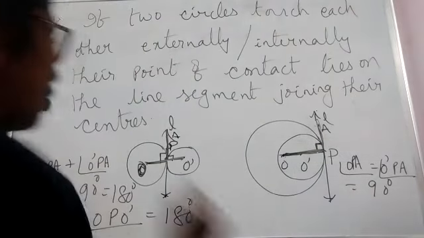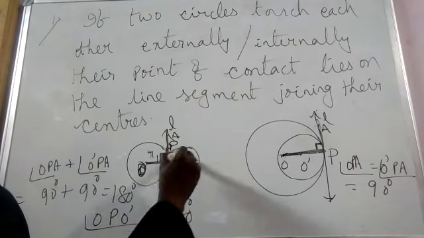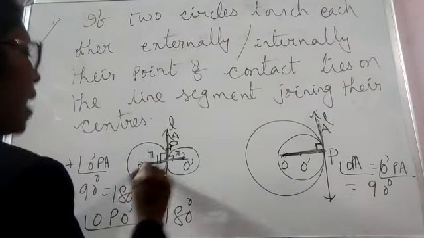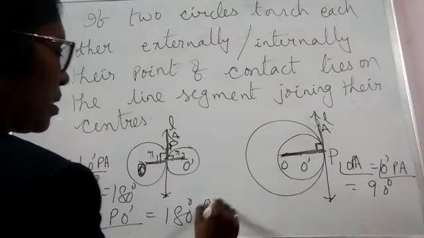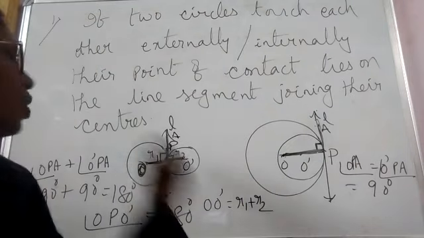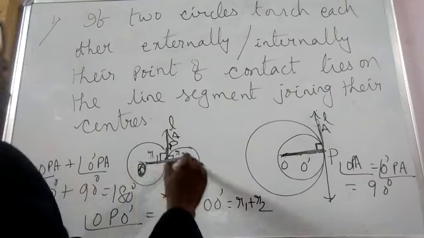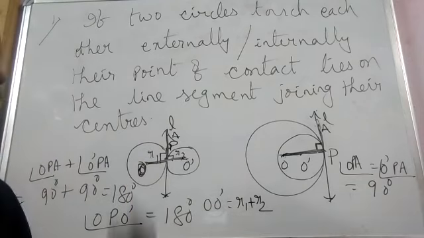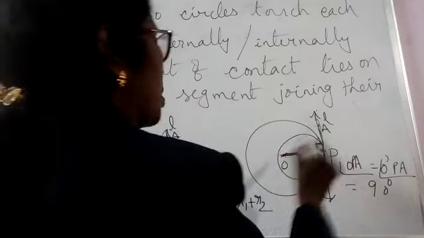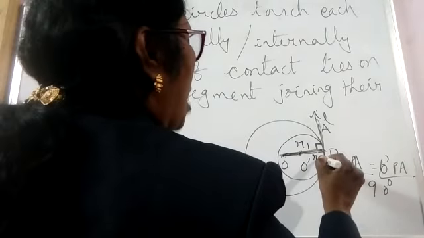Clear? And also you see, if R1 is the radius of the outer circle and R2 is the radius of the inner circle, when two circles touch each other externally, the distance between the two centers is the sum of their radii, R1 plus R2. And in this case, OP is R1, O dash P is R2.